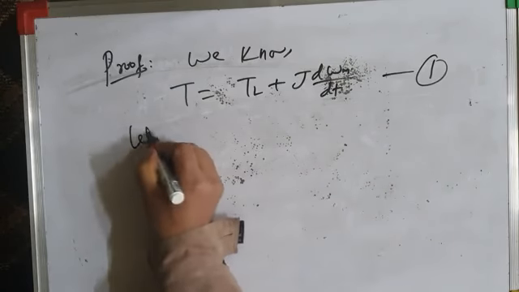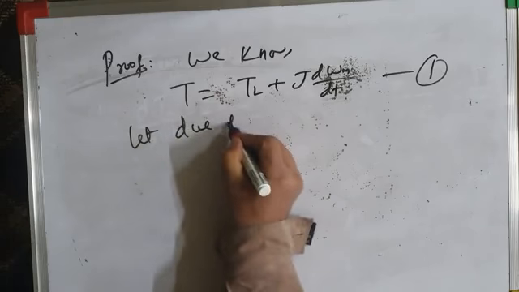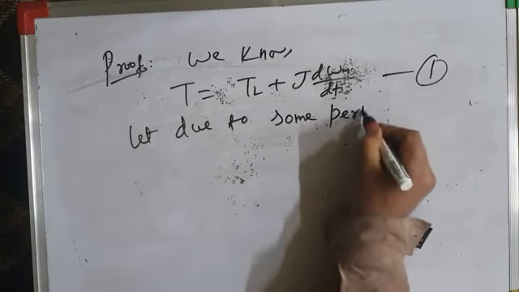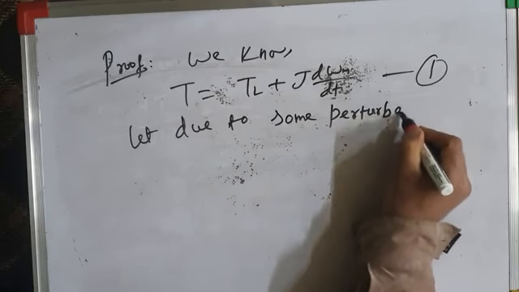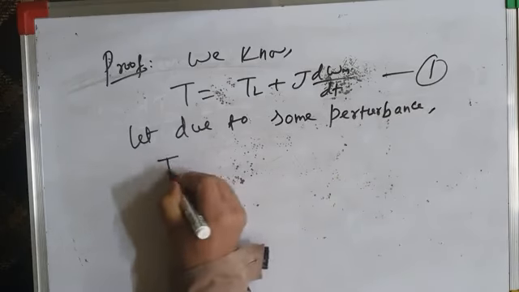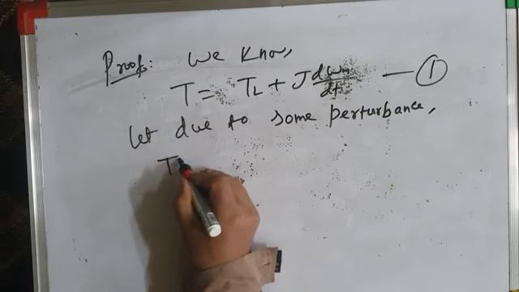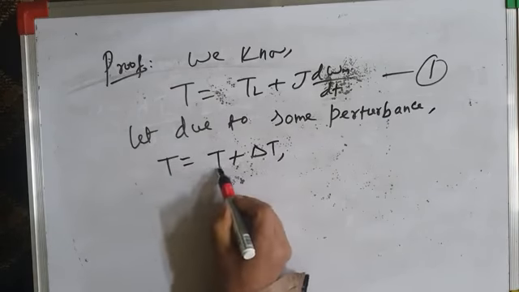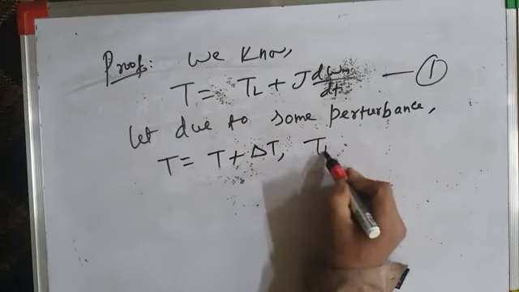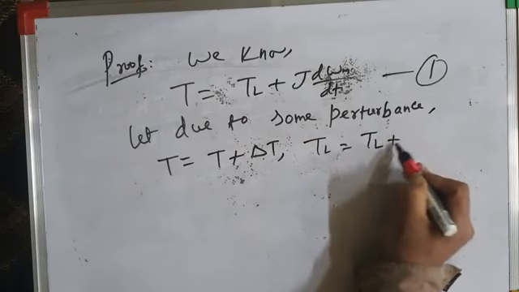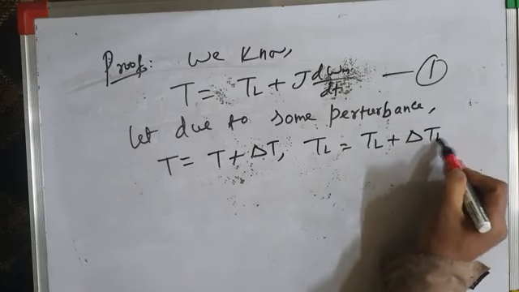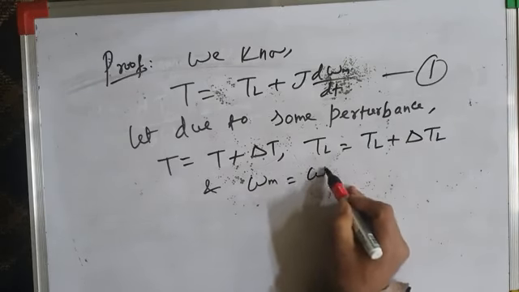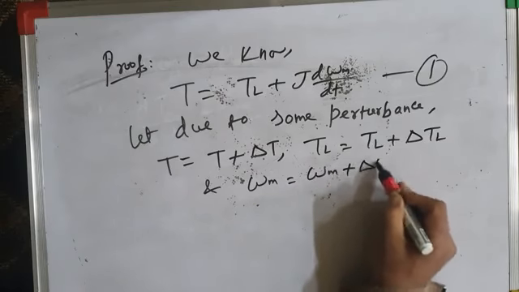So due to some perturbance, T has got perturbed from T to T plus delta T, and TL is equal to TL plus delta TL, and this has happened because the speed has changed from omega m to omega m plus delta omega m.